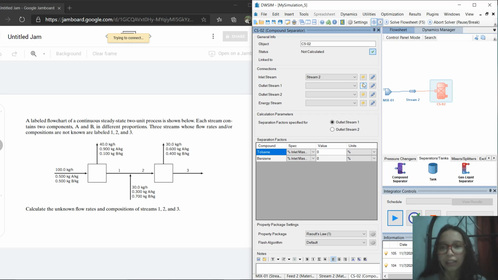The outlet streams, going to add, and don't forget the energy stream.